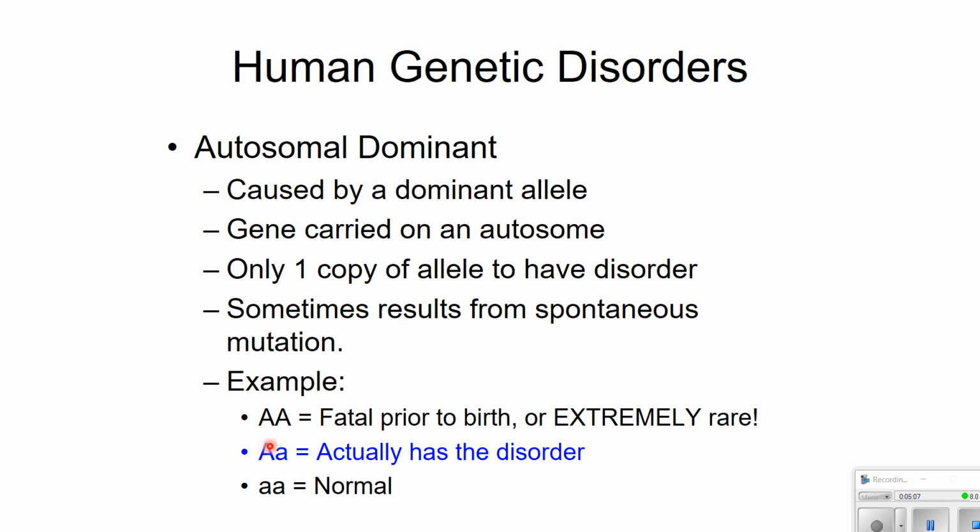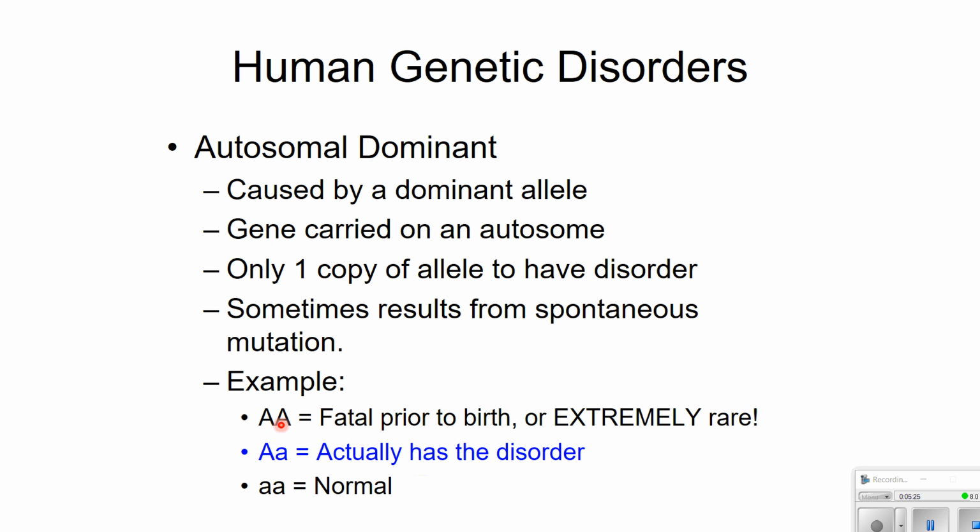But because it's a dominant allele, it only takes one copy of that faulty allele to actually show the trait. That means that homozygous recessive would be normal. This is what you want to be. One copy of the faulty allele means you have the disease.